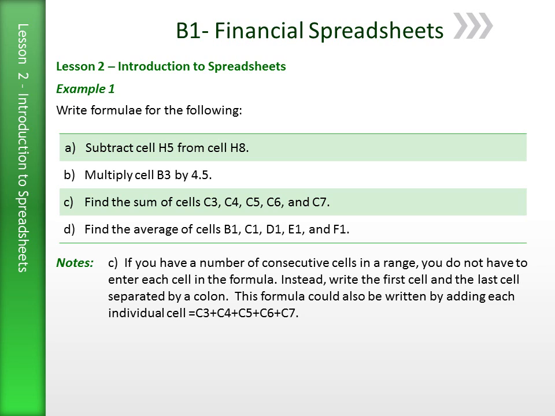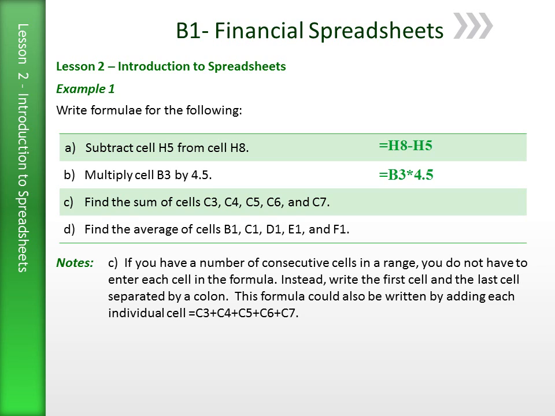So you should have put in equals H8 minus H5. If we want to multiply the value in cell B3 by 4.5, we would start with the equal sign, B3, use the asterisk for the multiplication, and 4.5.